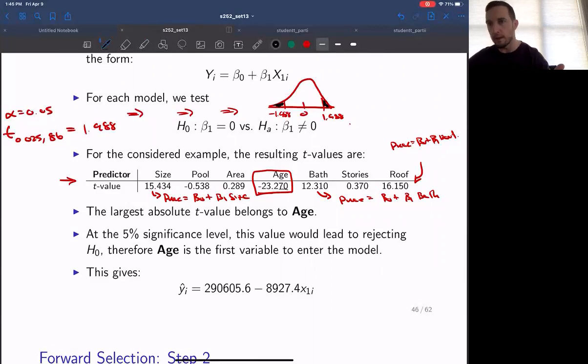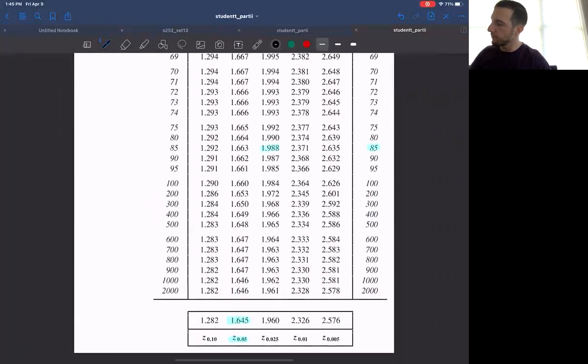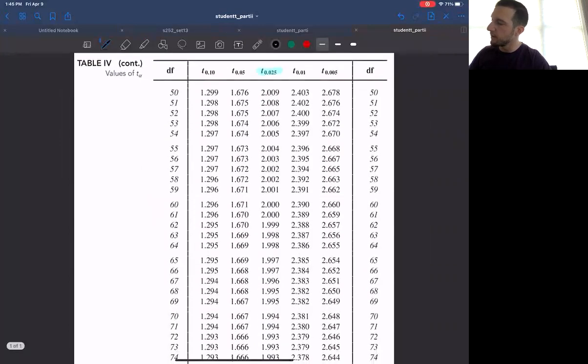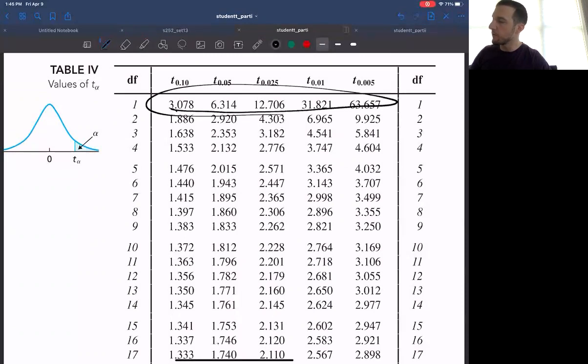So it's a fair point. I was kind of skipping through and saying, from looking at the values, I can tell which ones are going to reject because you just don't see t-values greater than like 10. If you look at the table, it runs from 2.578 to, so if we only had 1 degree of freedom, then we would have to check.